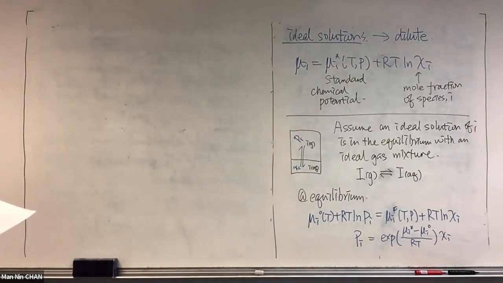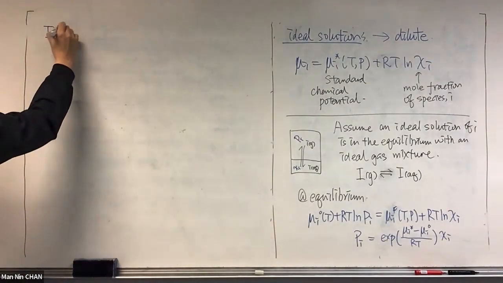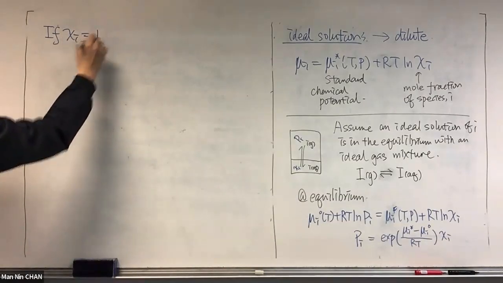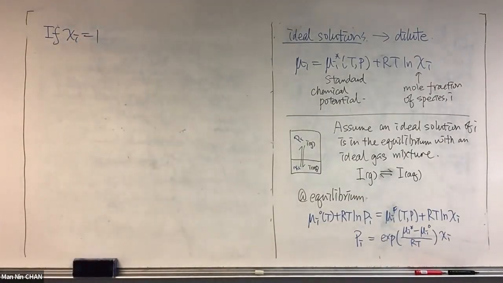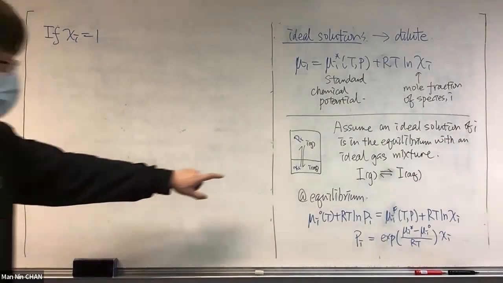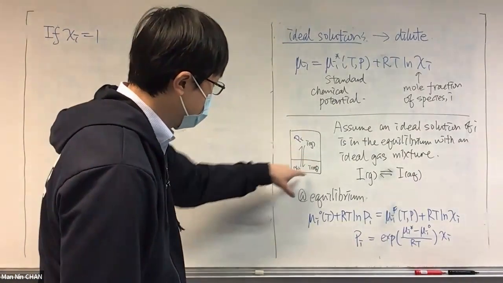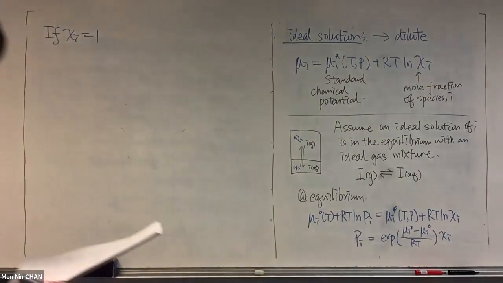One thing you can think about in this situation: let's say your xi equals 1. That means you have a pure solution, so you only have the species I here.